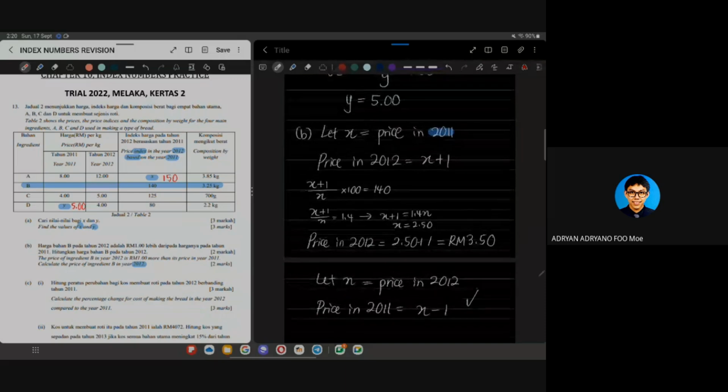But if you use the method above, which I used initially, you will get 2011, and you need to add 1 to get your final answer. Something like that. So can you see that there are actually a lot of methods to solve the question. As long as your concept is there, your final answer is correct, and your procedure and steps are there, then we can give you the marks.